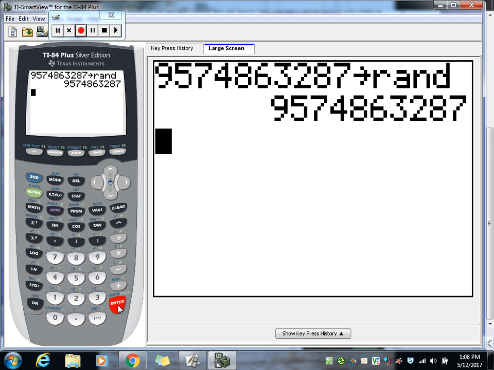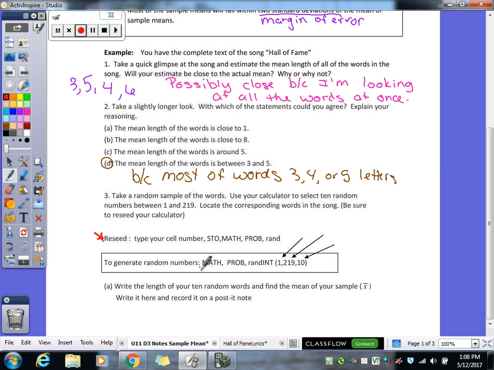So now to get our random 10 integers, you are going to follow these directions here. Oh, I gave you that same number. It should, but that means it's jumbled it up. So the 1 here, that's your beginning number. You're telling the calculator what numbers it can pick from. So it's starting at the number 1, and then the 219 is your end number.